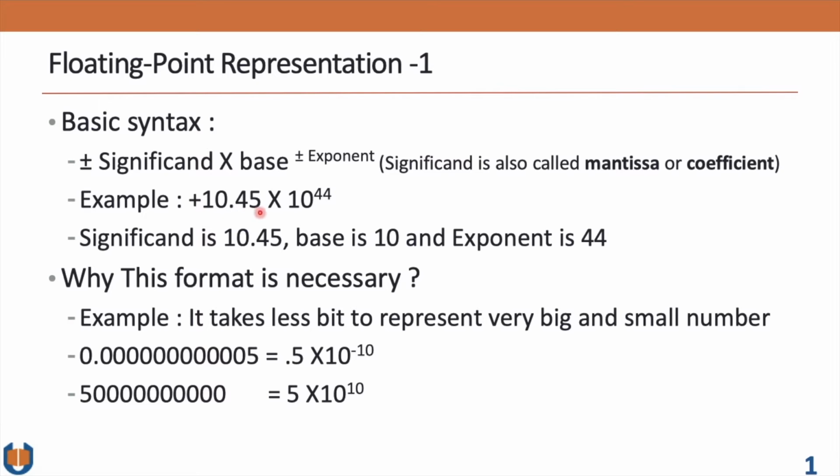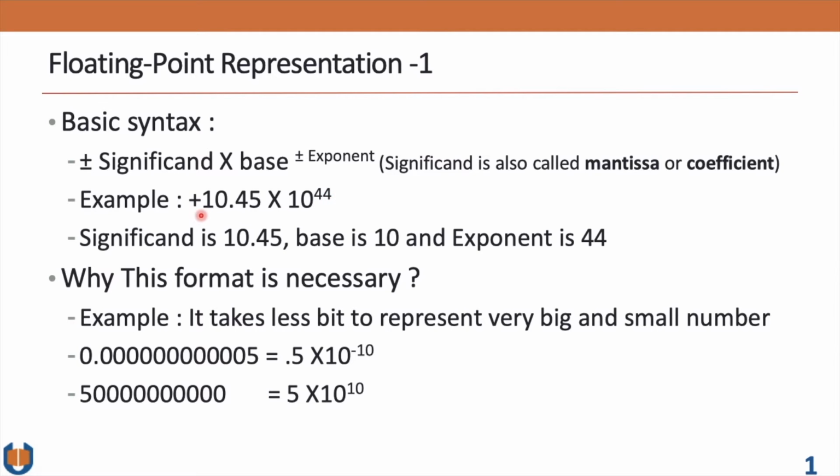This part, 10.45, is the significant, or coefficient, or mantissa of this number. Here the base is 10, and the exponent is 44.